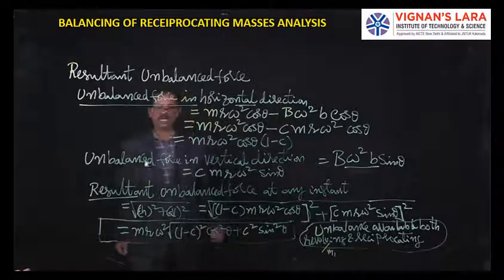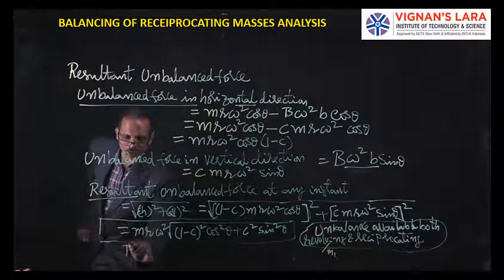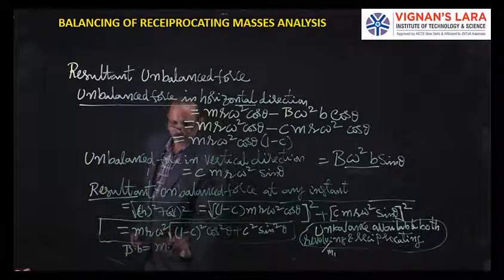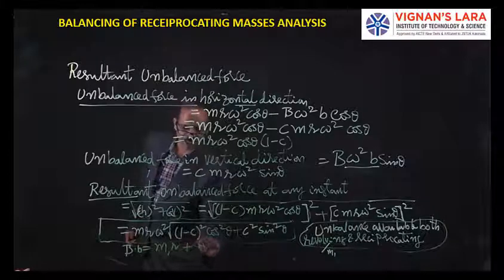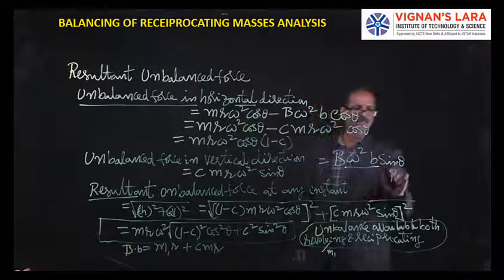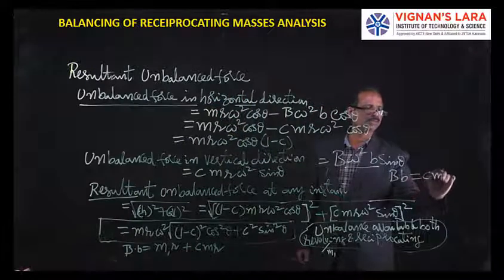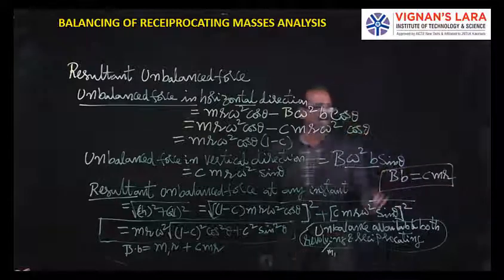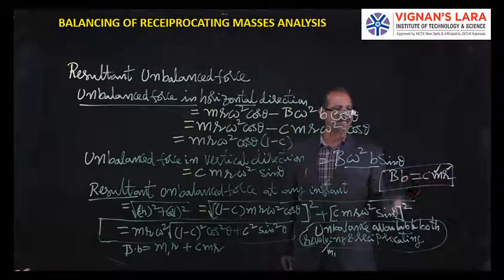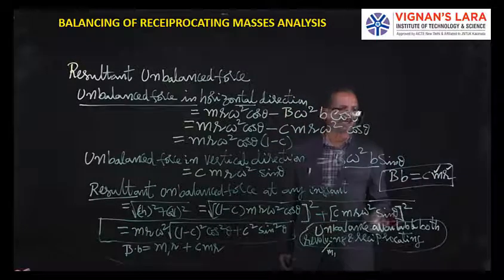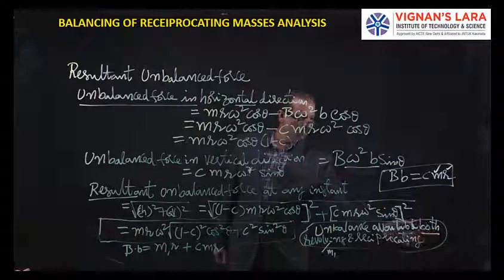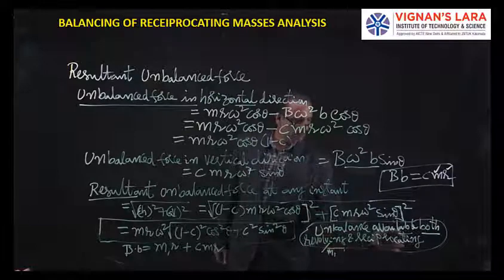Then we will write the equation B into b is equal to m1 into r plus c times mr. Earlier, we simply took B b as c m r, if you have only unbalance due to reciprocating masses, where the mass is m at radius r. Now unbalance is available due to revolving masses as well as the reciprocating mass.